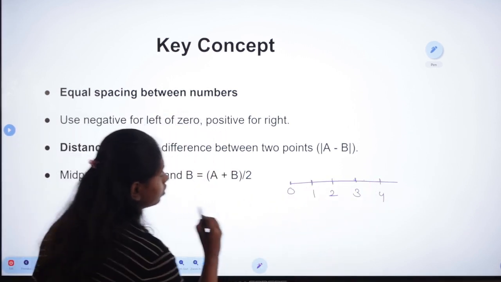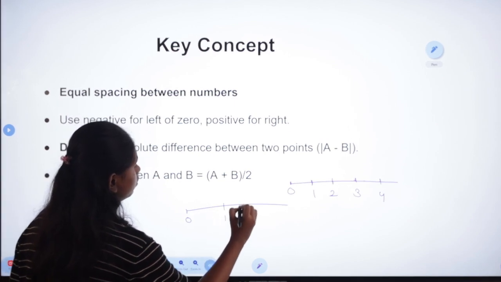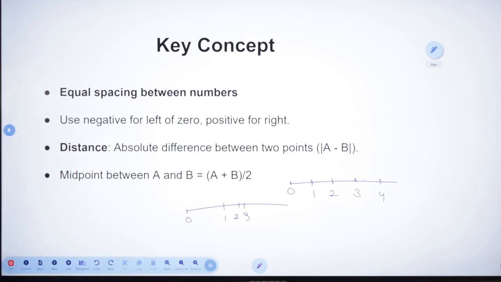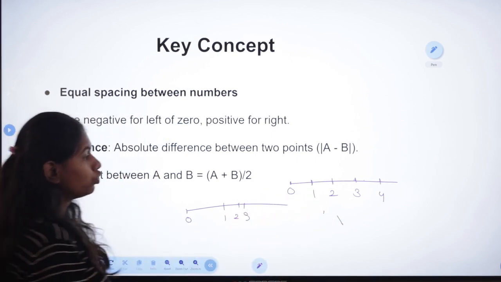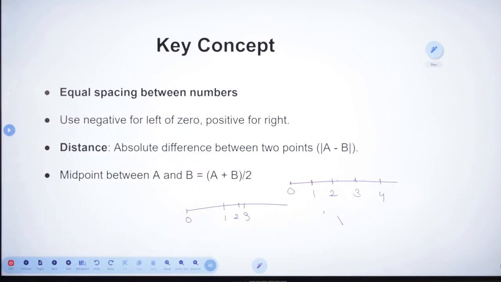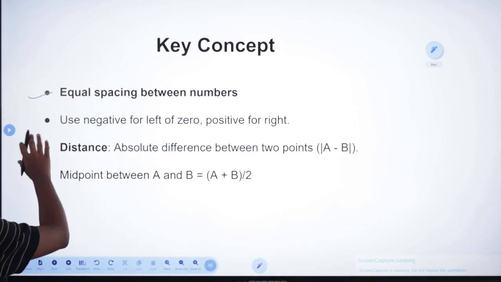Okay. And what is the incorrect format of it? 1, 2, 3 with uneven gaps. This is the incorrect format of the number line, and this is the correct format, that it should have equal spacing between every interval. Okay.